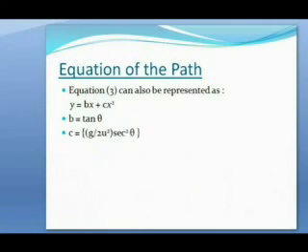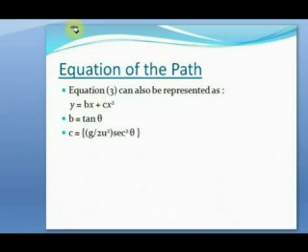Now equation 3 can also be represented as y is equal to bx plus cx square, where b is equal to tan theta and c is equal to g by 2u square sec square theta. So this is another way of representing the equation of the path of a projectile.